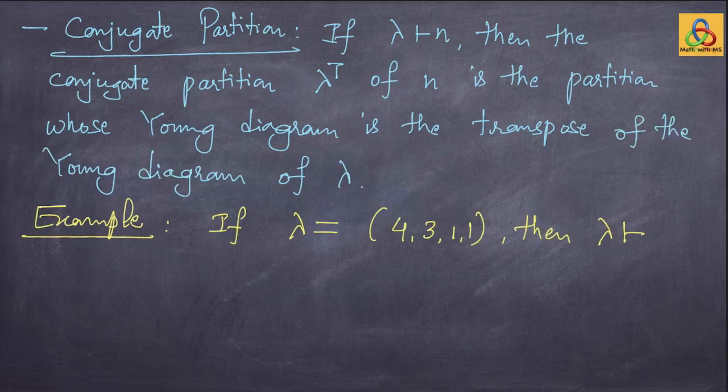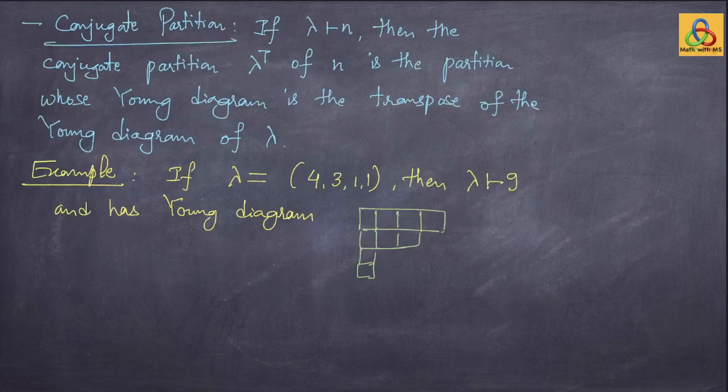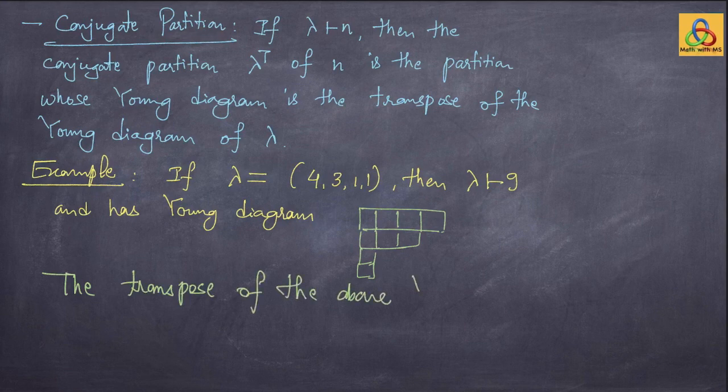If we take lambda equals 4, 3, 1, 1, then lambda is a partition of 9 and has the following Young diagram. The first row will have 4 boxes, the second row will have 3 boxes, the third row will have 1 box, and the fourth row will have 1 box. Then what is the transpose of this diagram, or equivalently the conjugate partition? The transpose of the above Young diagram is the following.